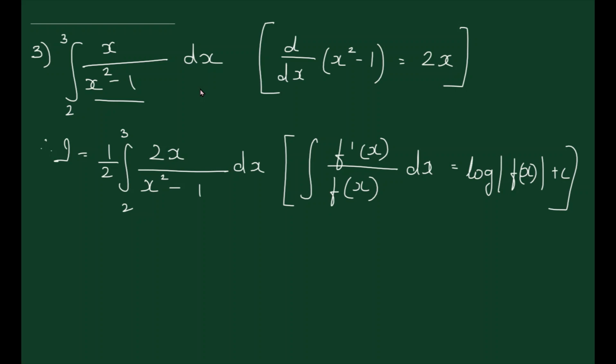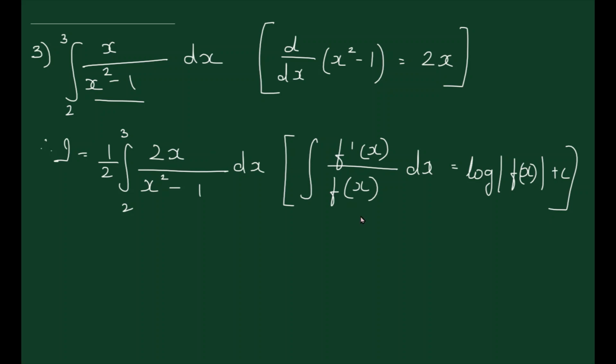The denominator fx is x square minus 1, and the derivative of the denominator x square minus 1 is actually 2x. So this integral is of the form the integral of f dash x upon fx dx. So the answer has to be log fx.